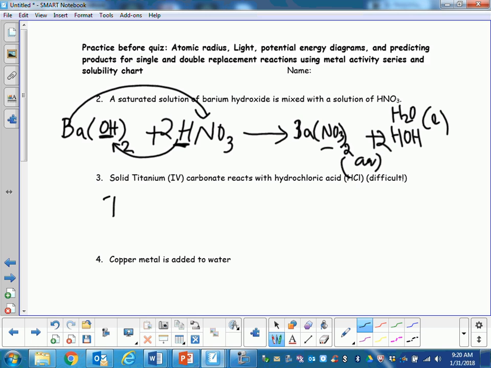Solid titanium(IV) carbonate. Alright? This is titanium(IV) carbonate reacting with hydrochloric acid. Carbonates. Remember in the lab you heated copper carbonate?